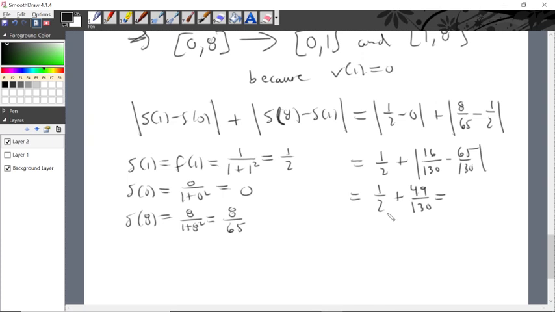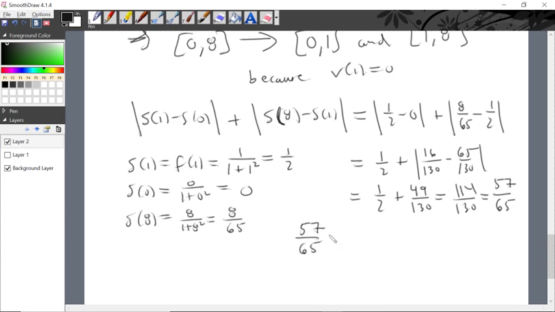Add that to 1/2, which is 65 over 130, and 65 plus 49 is 114 over 130, which reduces to 57 over 65. So 57 over 65 feet.